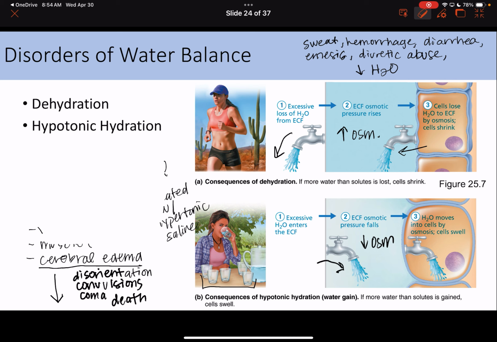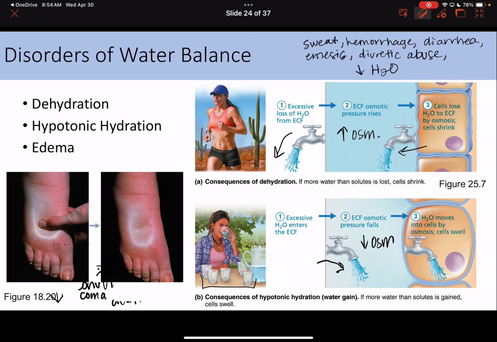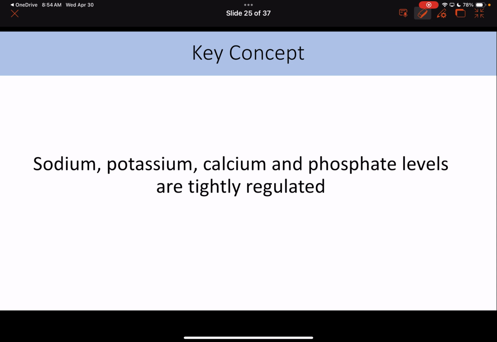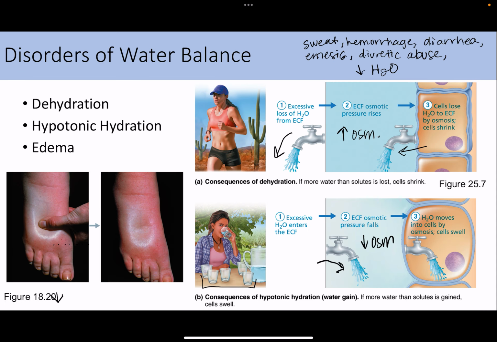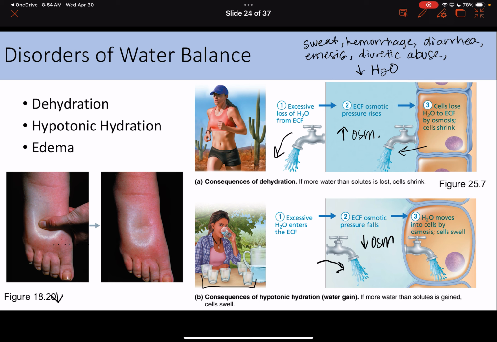So the last disorder of water balance, which you should already be familiar with, is edema. Which is when we're talking about just edema and not third spacing or anything else, if it's just edema, we're talking about filling up a fluid in the interstitial fluid only.